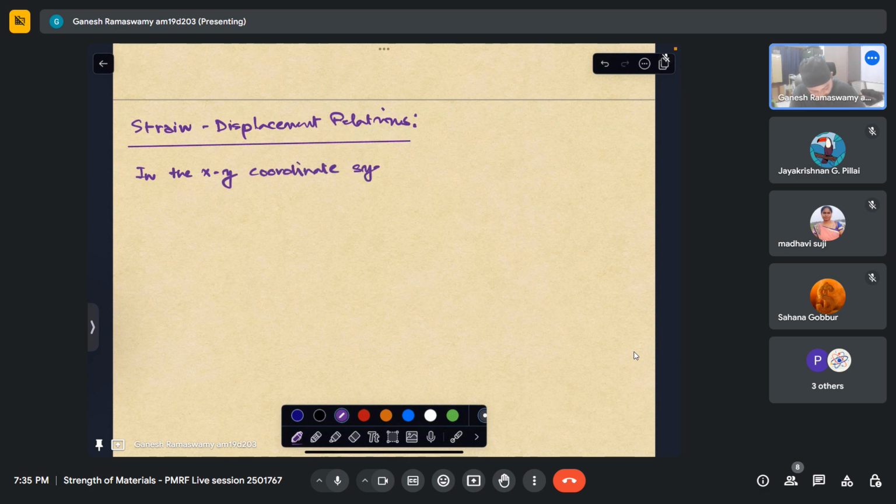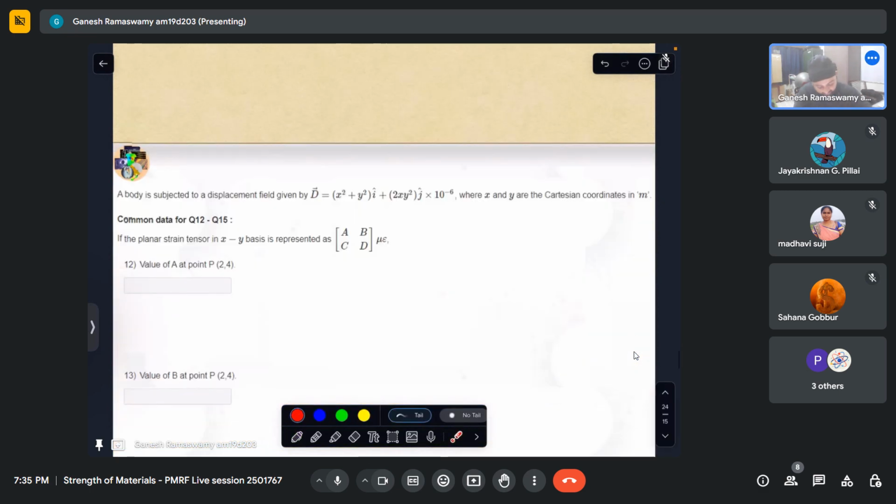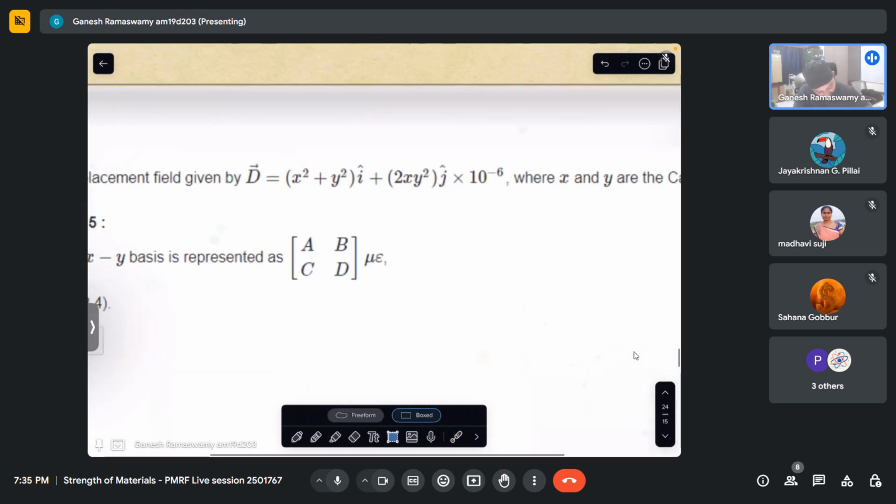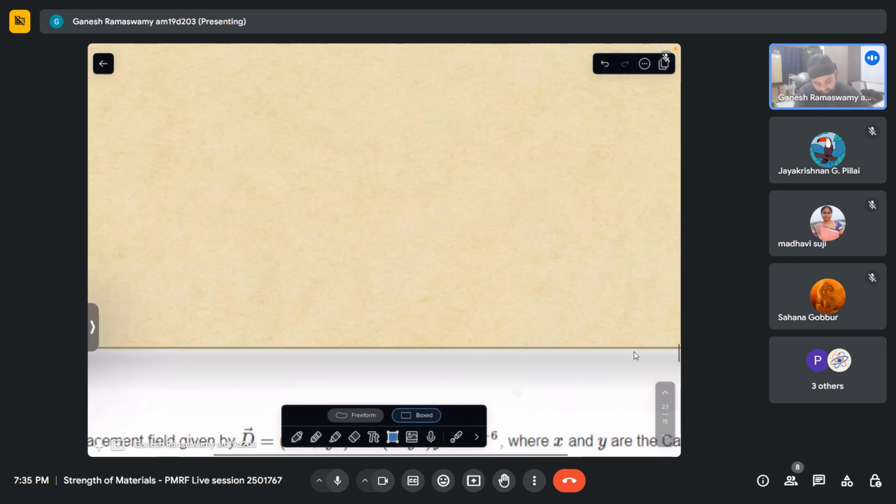Let us say I have a displacement field which is given by u and v. What does this mean? This displacement field means this is a vector field. For example, let us take the same displacement field as given in our question, and I'll try to explain using this what this actually means.